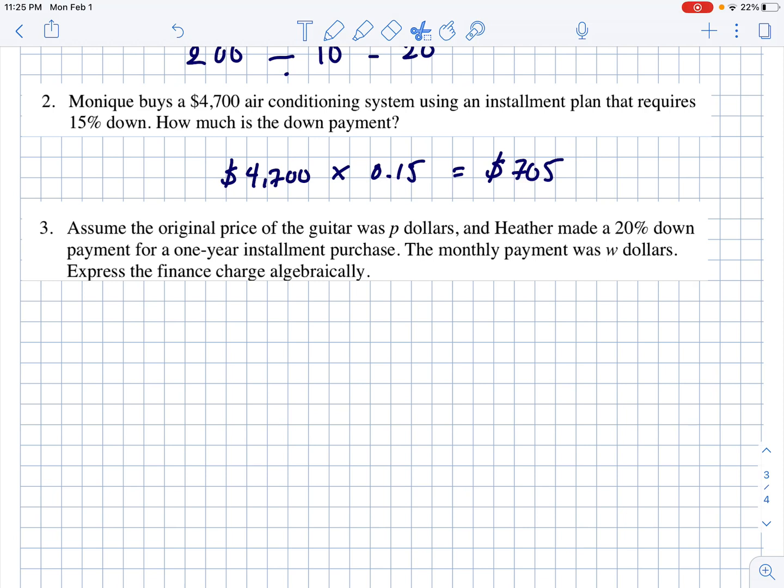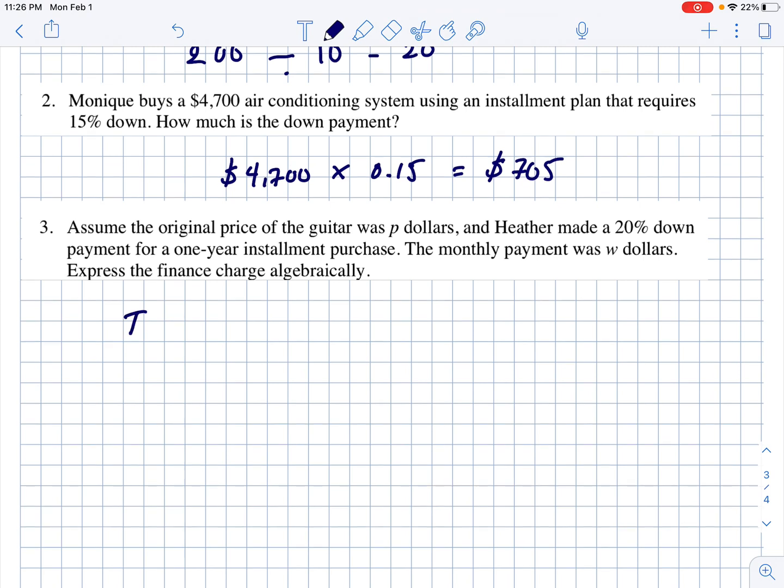Okay, so we need to figure out what the finance charges are going to be. In order to figure out the finance charges, we're going to take the total cost that we had and subtract the purchase price. That's our finance charge, or interest we paid on it.